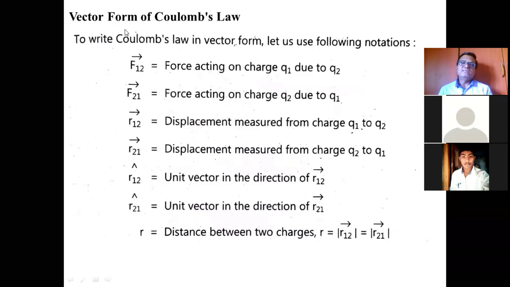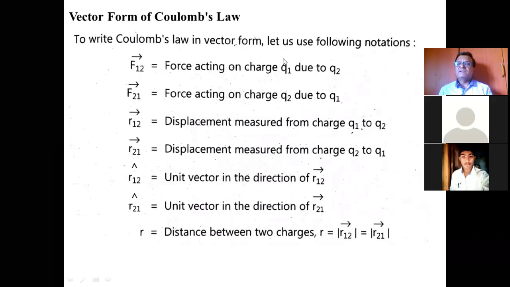To write Coulomb's law in vector form, let us use the following notations. If there are two charges q1 and q2, separated by some finite distance r, then we have to consider some vector notations.